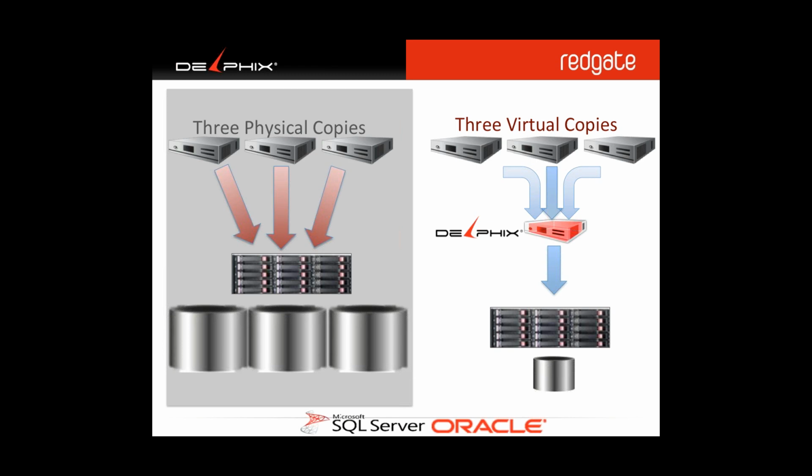And Delphix orchestrates access to a single set of data files on the storage array, and any blocks that are modified by those clones are orchestrated by Delphix to only be visible to those clones that actually change the data block. And this currently works with SQL Server and Oracle, and Delphix is expanding the service to Postgres, MySQL, and Sybase.